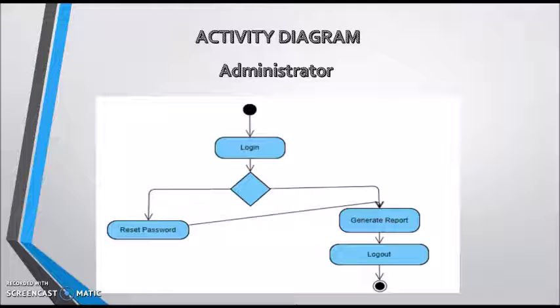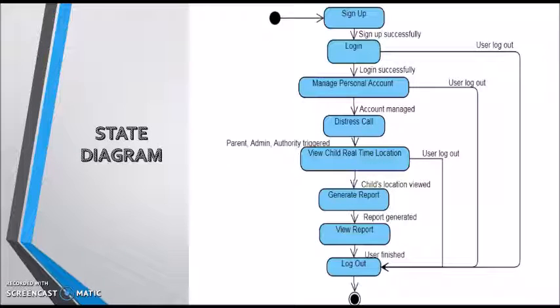This is the activity diagram for the administrator. Administrators have to log in, and then they can reset their password or generate report. They will generate report based on real-time location. This is the state diagram for child tracking management system.